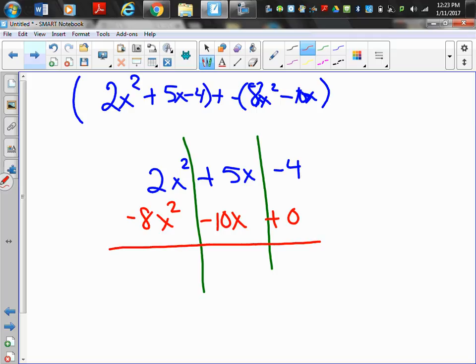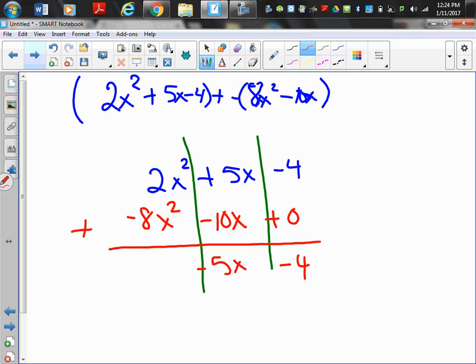So this is subtraction. Nope, it's got an addition sign. All right, so negative 4 plus 0 is negative 4. Negative 10 plus 5x, negative 5x.